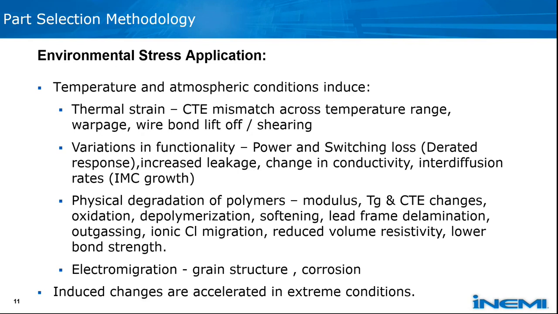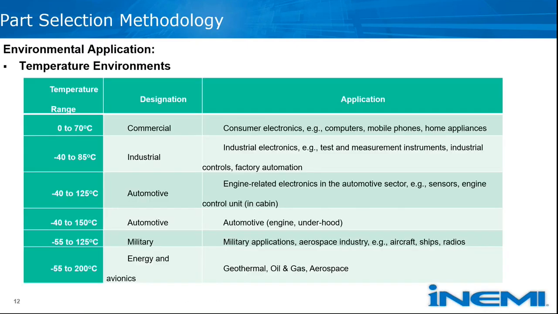And because these extreme conditions can accelerate the degradation, we have looked at different environmental conditions. In the next slide, we show a list of typical environmental test conditions that are used for different applications.